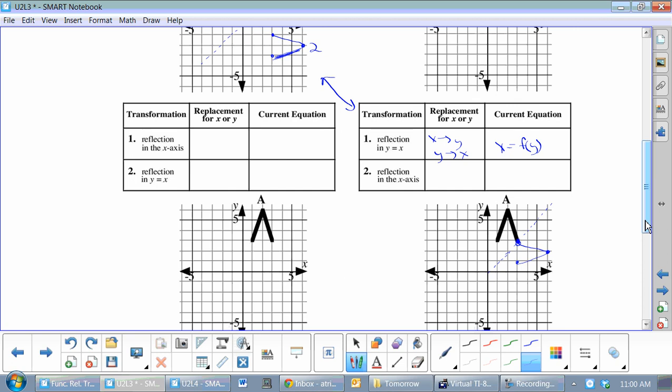Well, that's y goes to negative y. So x equals f of negative y. Okay, and that would become right down here.